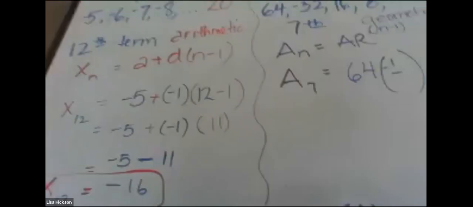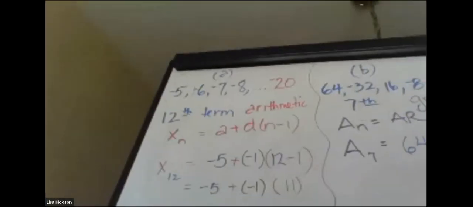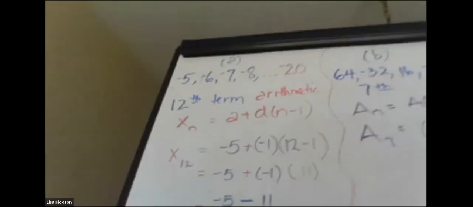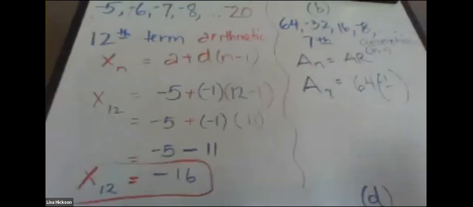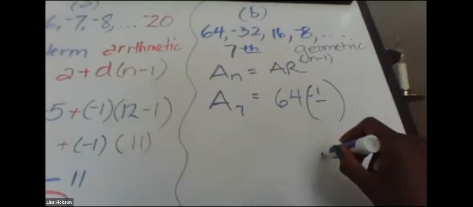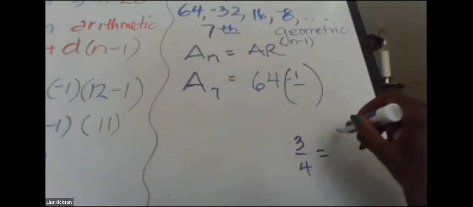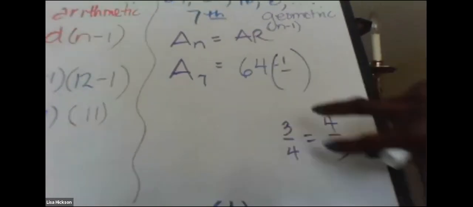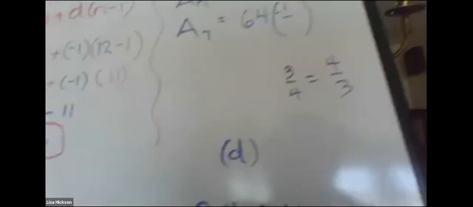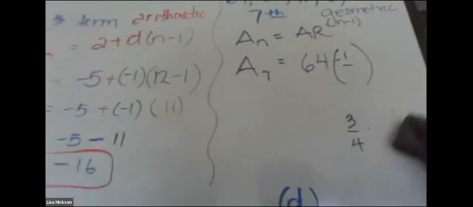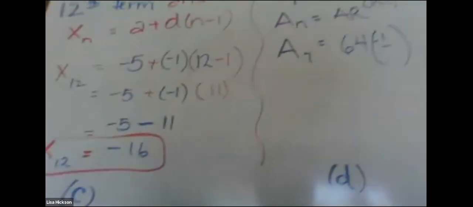What's a reciprocal? Let's say the reciprocal of 3/4 is 4/3 because you just flipped it over. That's the reciprocal. So you keep telling me 2.